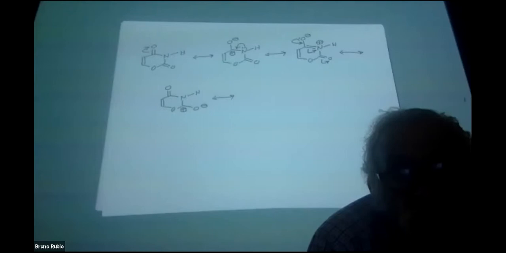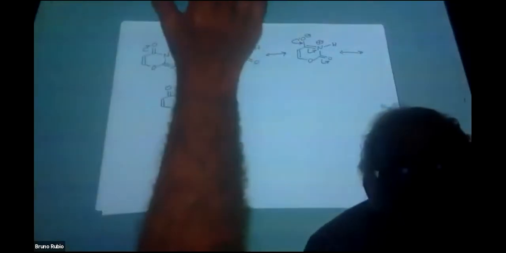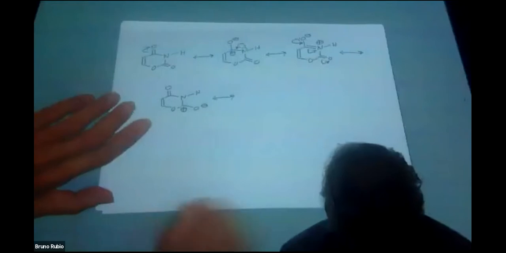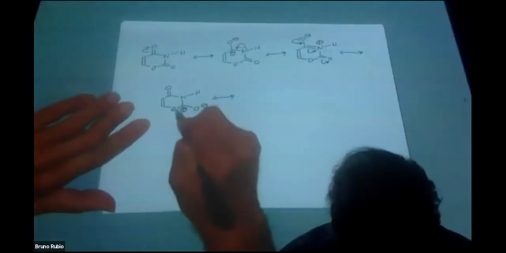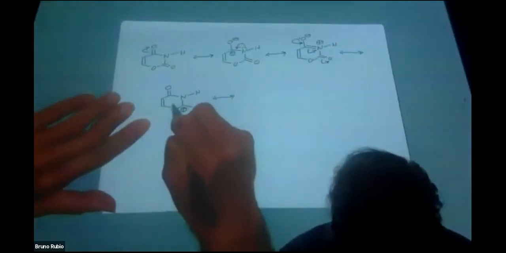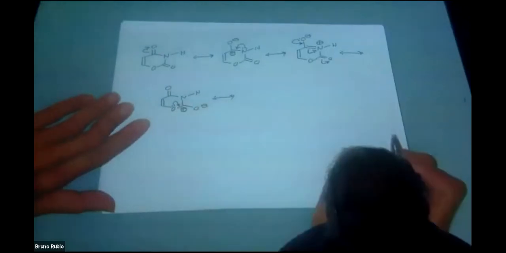What do I do? Yeah, now it's time to start diddling around with the unshared pair of electrons on this oxygen. Right, this oxygen has an unshared pair of electrons. I could do that.